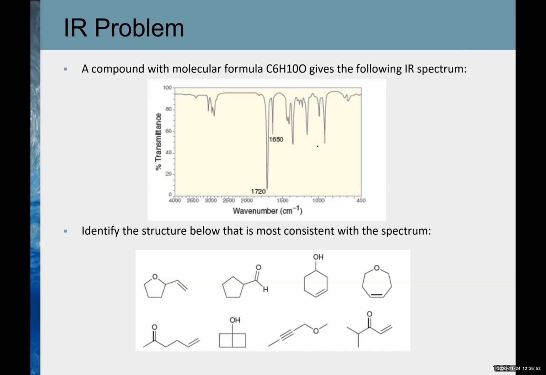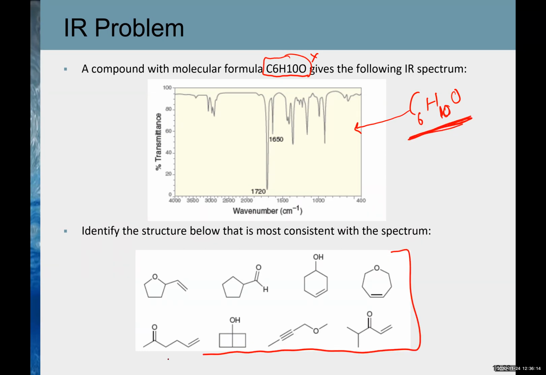Okay. So now we have a compound, and the compound is C6H10O. That's the molecular formula of the compound. So ignore this one. And we get this. All of these compounds are this one, but only one is the correct answer.